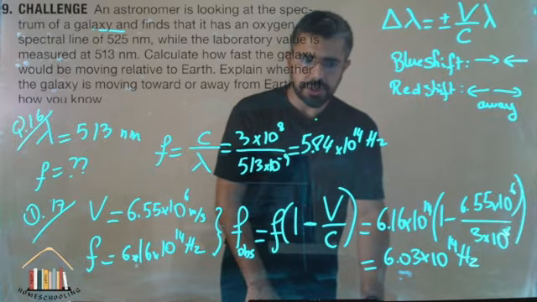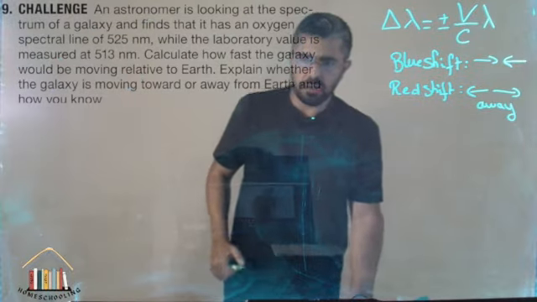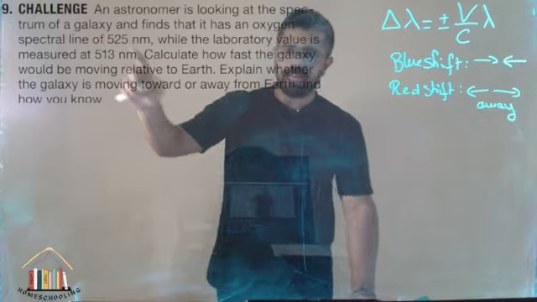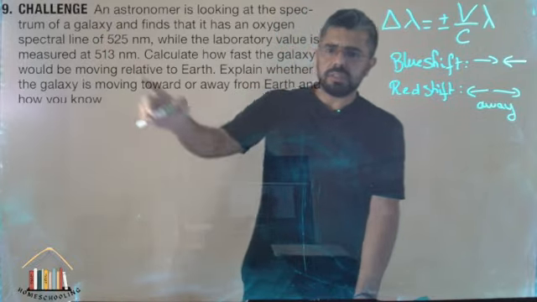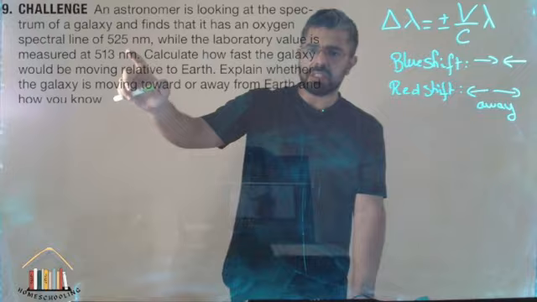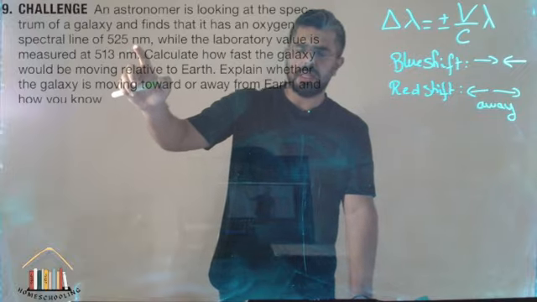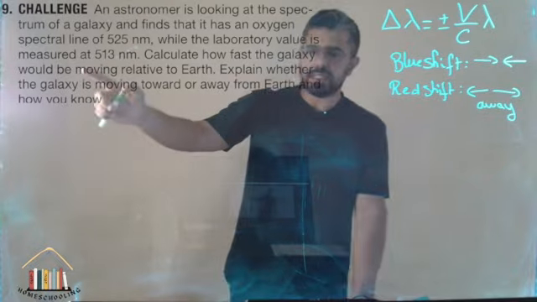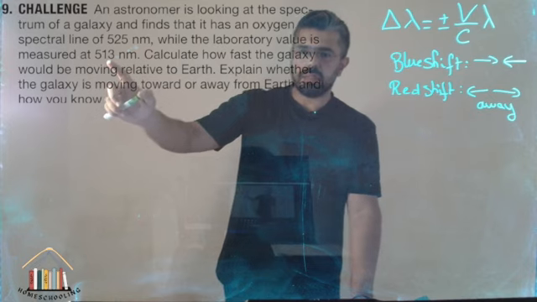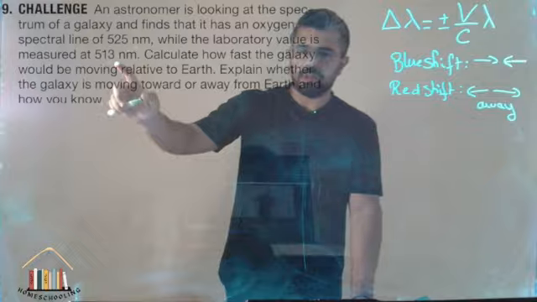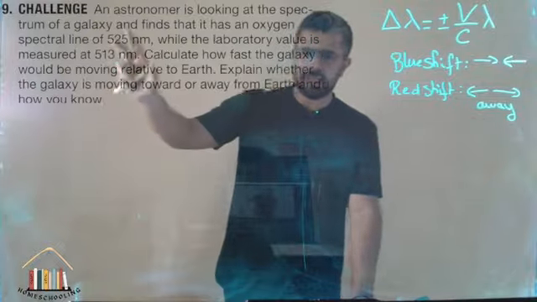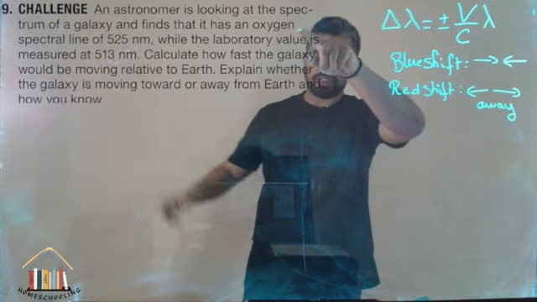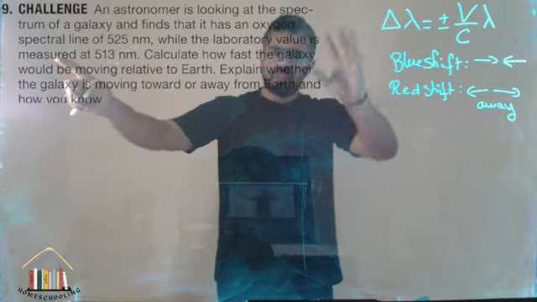with a different question. An astronomer is looking at the spectrum of a galaxy and finds an oxygen spectral line of 525 nanometer, while the laboratory value is measured as 513 nanometer. So this astronomer is seeing the same oxygen spectrum with different values.